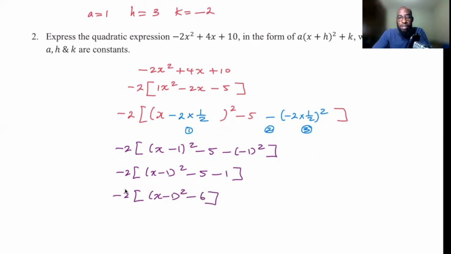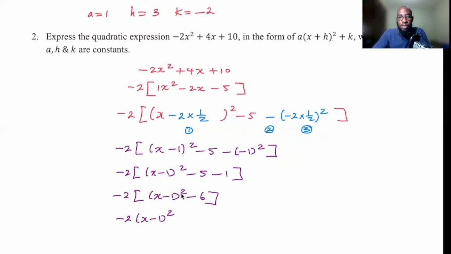Now we have to take this -2 and multiply by each term in the bracket. Remember, initially we divided everything by -2. So we have to multiply it into the brackets. We have to expand this bracket here. This square bracket here means multiplication. So we have -2 times 1 is -2. And -2 times -6.